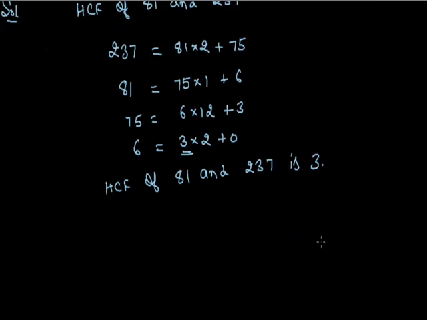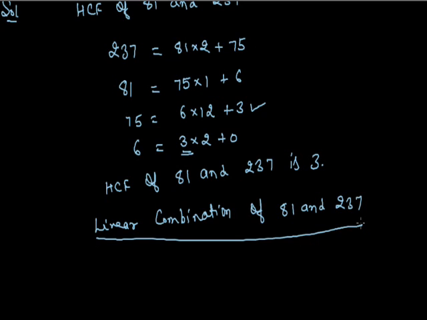Now we have to find the linear combination of 81 and 237. For this we have to go in backward direction from this step. So from this step we can write 3, because 3 is the HCF, so 3 can be written as 75 minus 6 multiplied by 12.